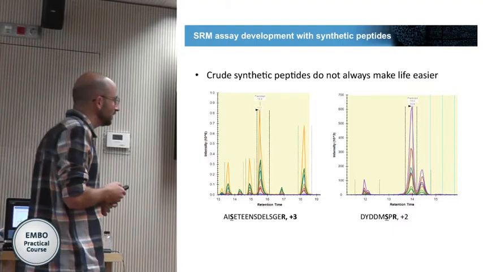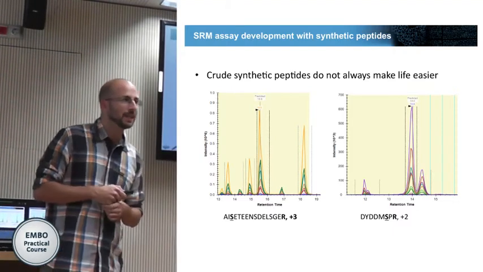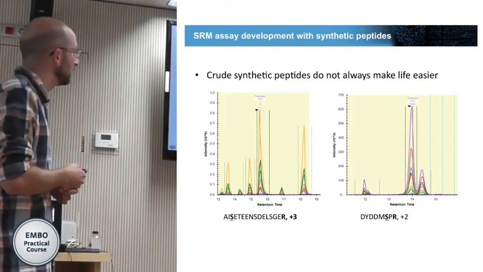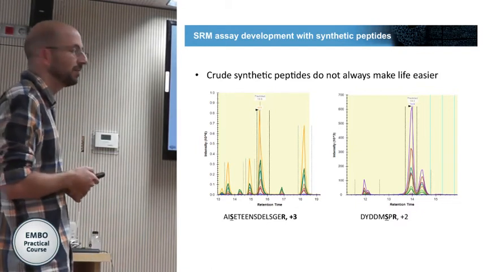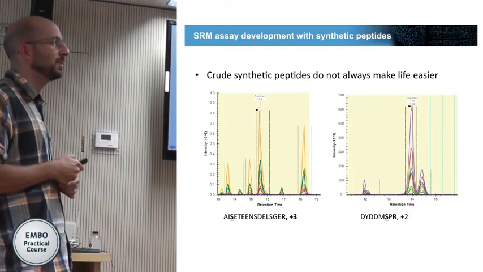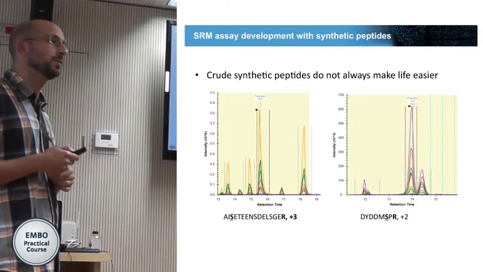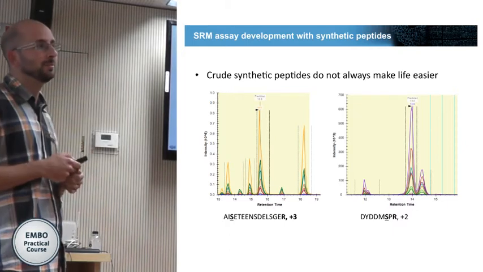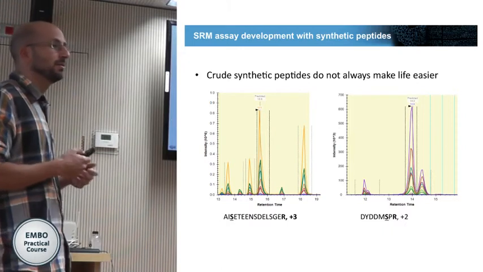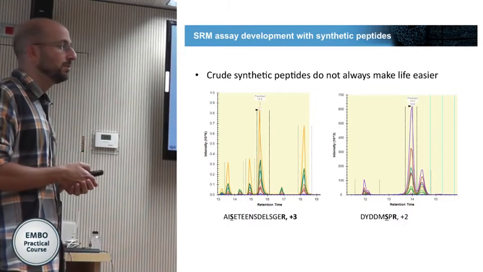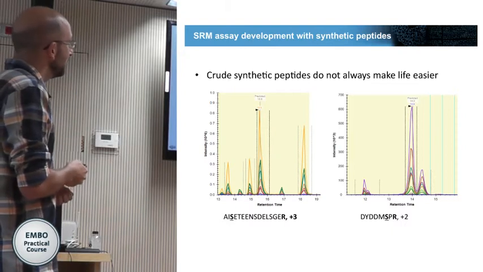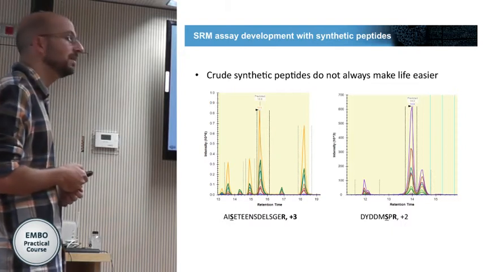Although I promote using heavy references, they're not always perfect. Sometimes they're actually very bad. This has to do with the chemistry of how they're synthesized and purified and cleaned and delivered to you. But one has to remember that not in every heavy peptide that you get, and this is more pronounced with phosphopeptides, you will have only one peak group to use as a reference. What you see here is a spiking of a heavy peptide into the machine, and I get all these peak groups. They would probably have at least two of them with the same relative intensities.